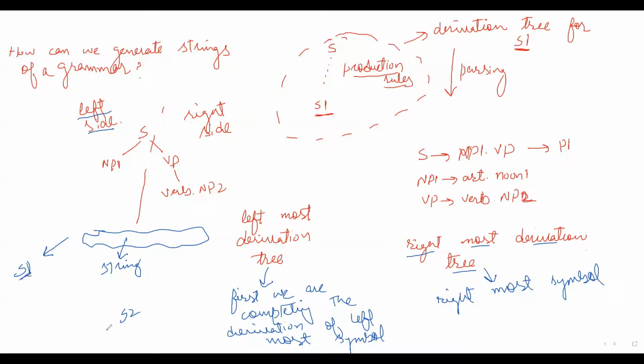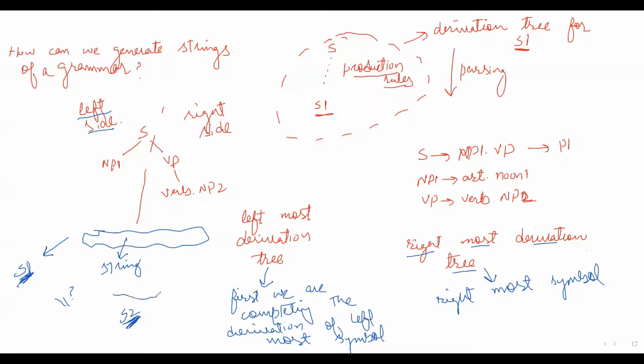Will this string and this string be the same? So what I am saying is that both individuals are using the same set of rules, but one is using the leftmost derivation scheme and another is using the rightmost derivation scheme. Will they reach the same string? It is the same in some cases and it is not the same in some other cases.